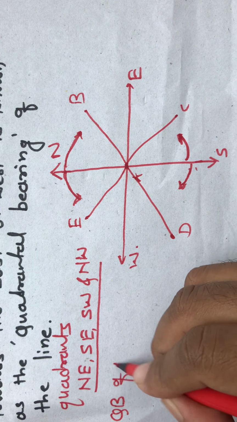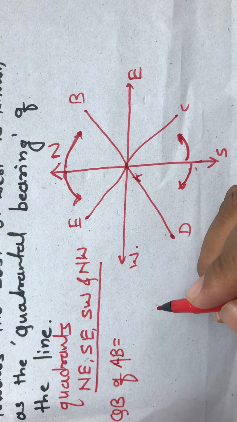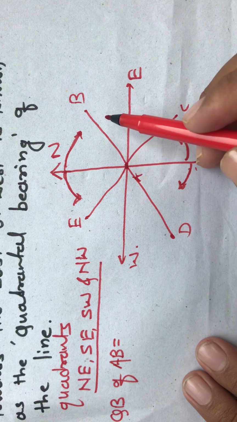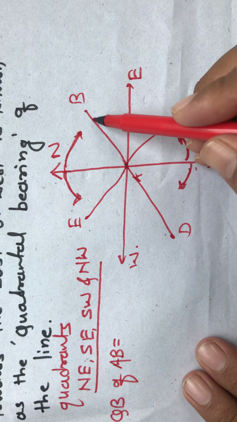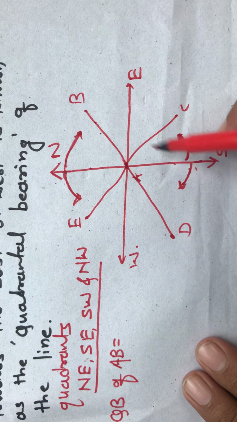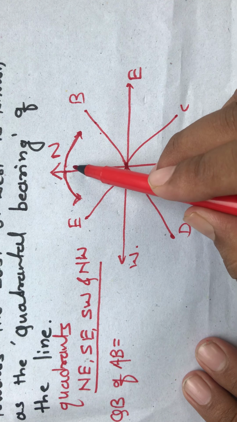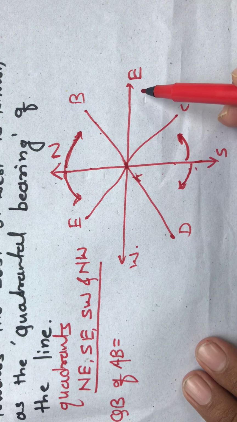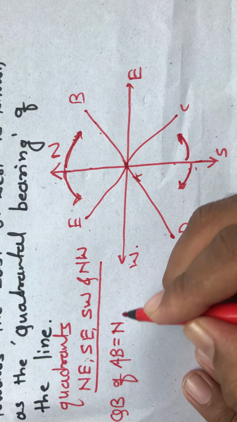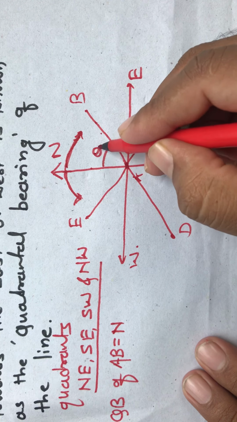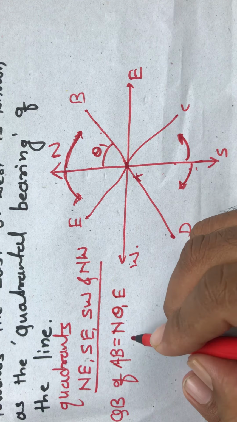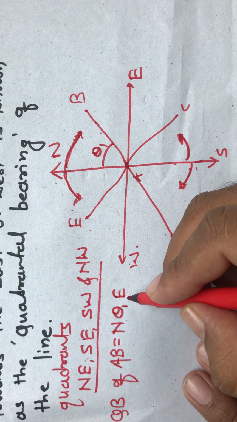So the quadrantal bearing of AB equals, as per the definition, whichever is nearer angle. For AB, north is nearer than the south, so we will measure the bearing angle from the north towards the east. Suppose this is theta 1, so north theta 1 towards the east.